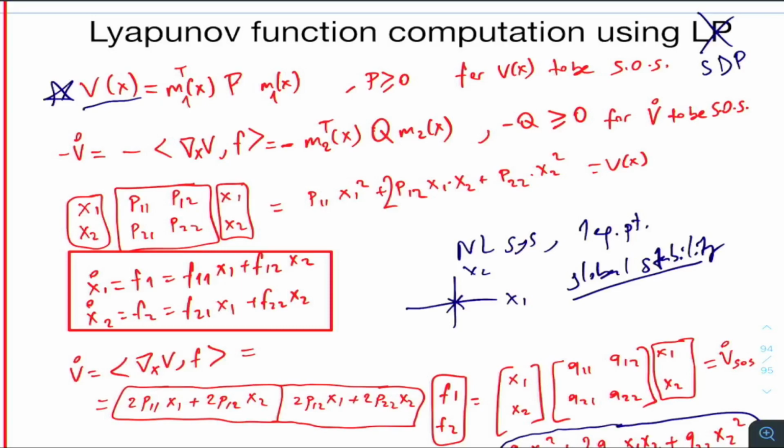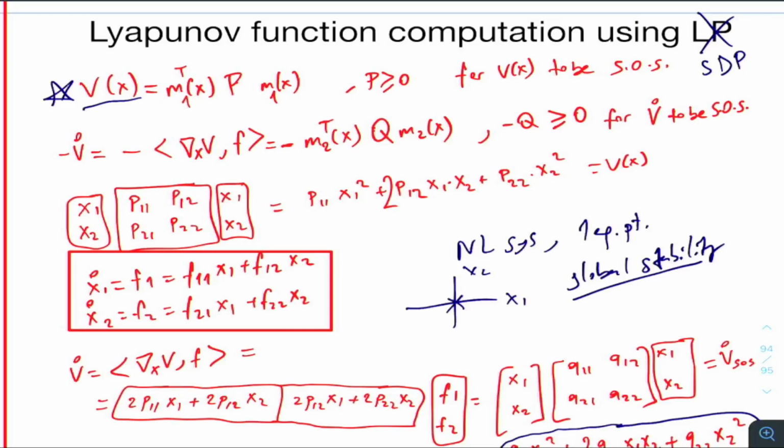You might run 1,000,000,000 simulations, but your nonlinear system may be that problematic, and even though the simulations you ran showed convergence to the equilibrium point, it might not be the case for initial points that you haven't sampled in state space. So that's why you would like to at least have a Lyapunov function.